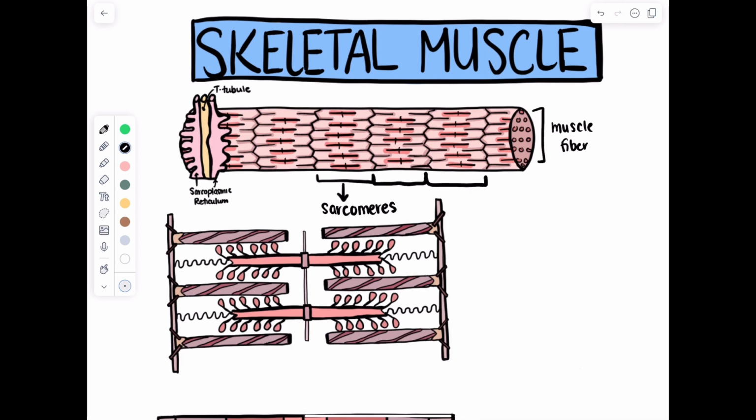Those striations we're seeing are actually the orientation of these various sarcomeres within the muscle fiber. The sarcomere is that fundamental functional unit that allows there to be contraction for the muscle to move things.